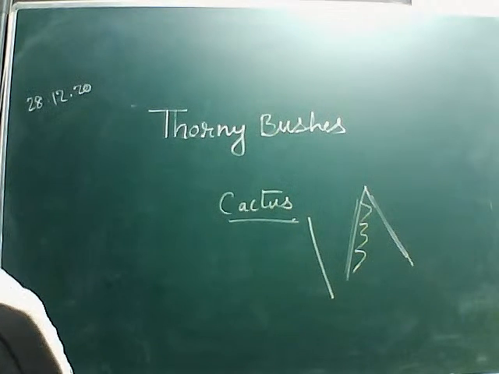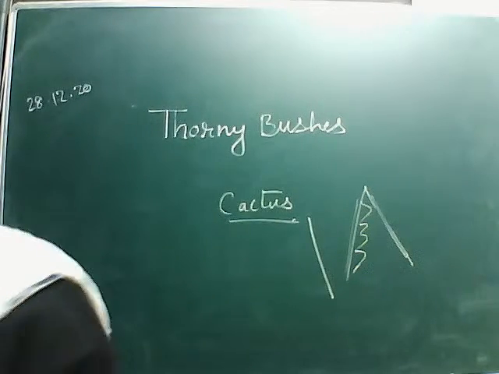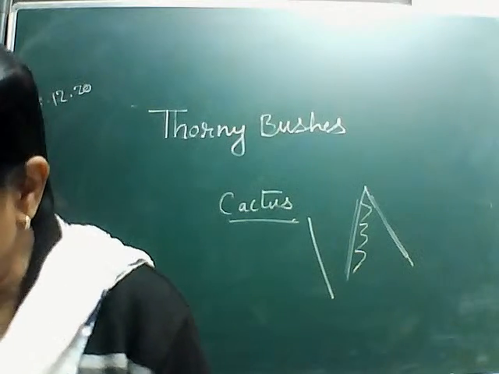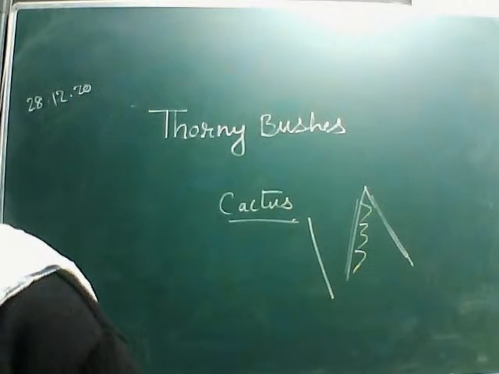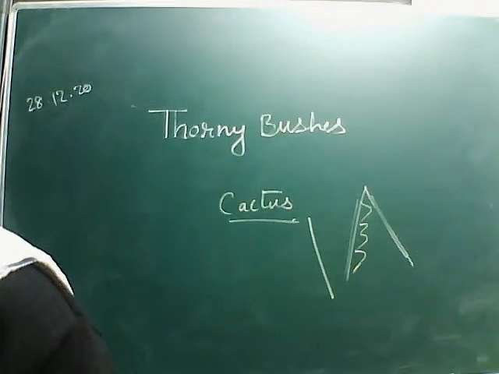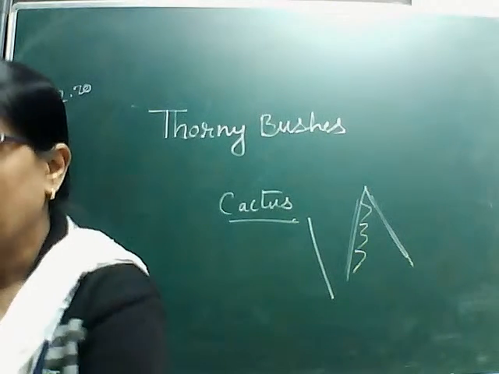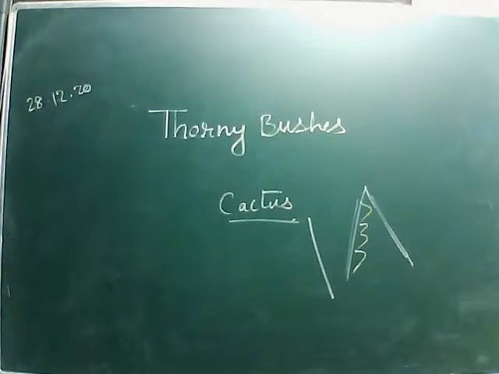See, three types of vegetation we have finished: tropical rainforest, tropical deciduous and thorny bushes. Now the next vegetation is mountain vegetation.